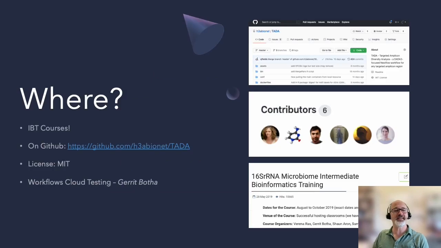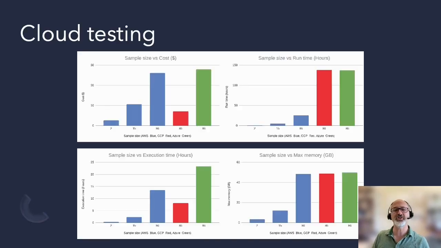We've actually tested this. It's been implemented in the IBT courses for H3ABioNet. These are the intermediate bioinformatics training courses that focus on microbiome research. It's now currently hosted on GitHub under H3ABioNet with an MIT license. And we've performed additional cloud testing with this on Amazon, Google Cloud, and Azure.